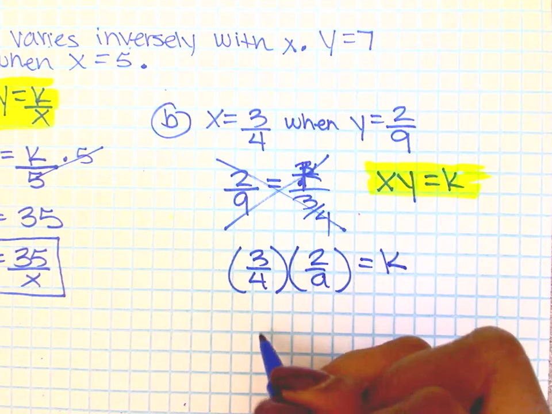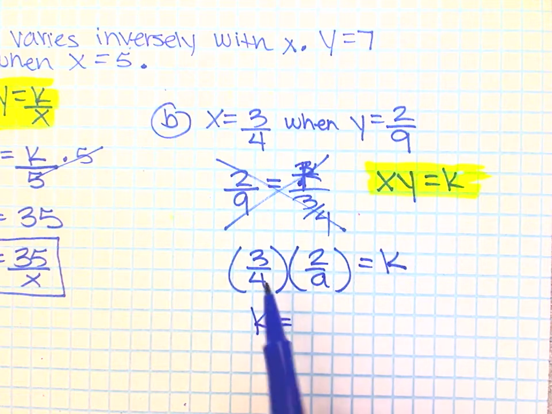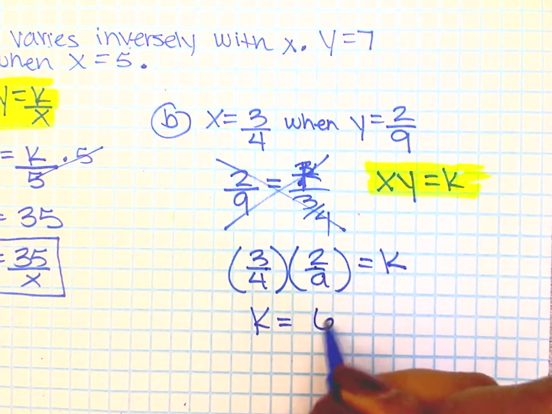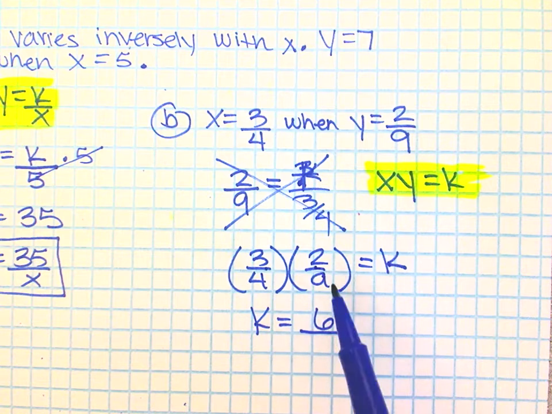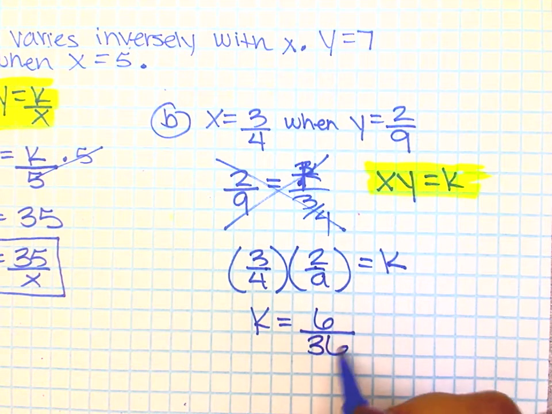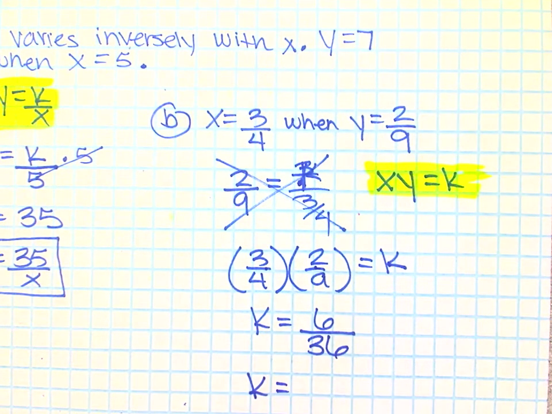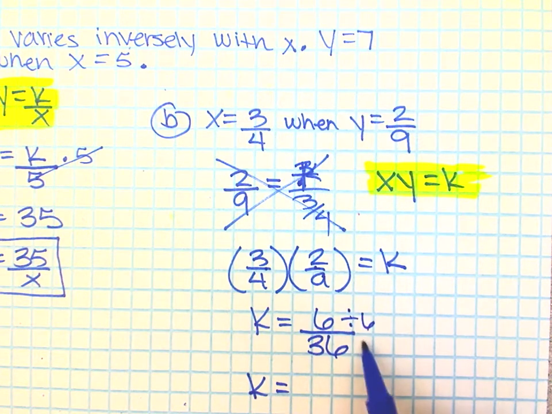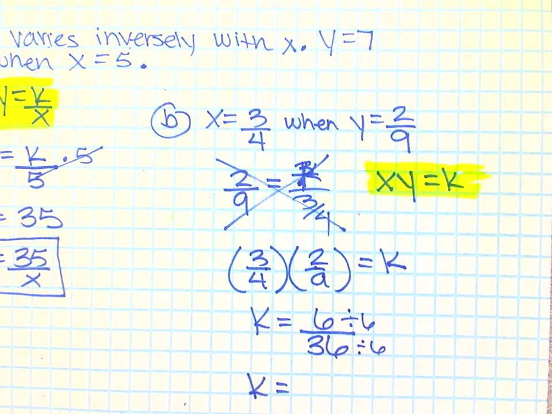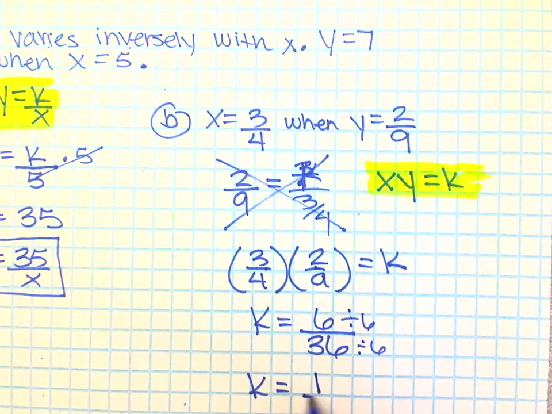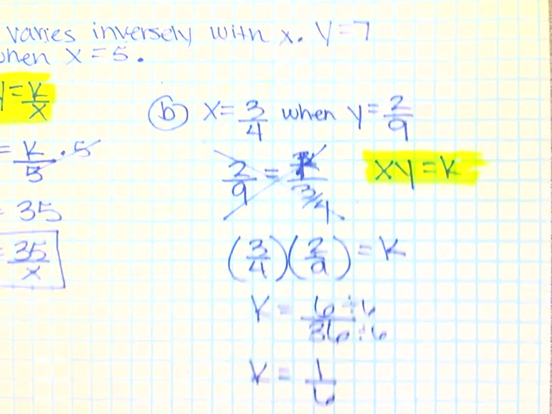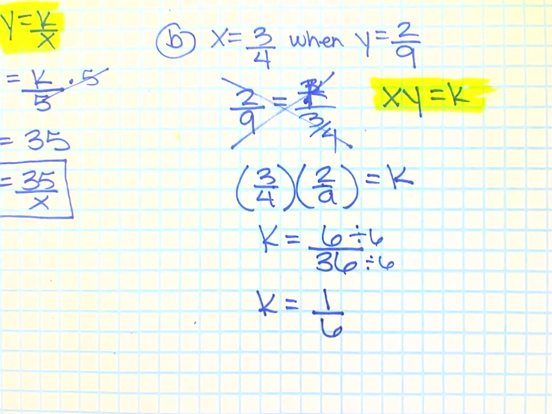So when I multiply, I'm going to go straight across. 3 times 2 is 6. 4 times 9 is 36. Simplify it by dividing by 6. K equals 1/6. I can't stop there.